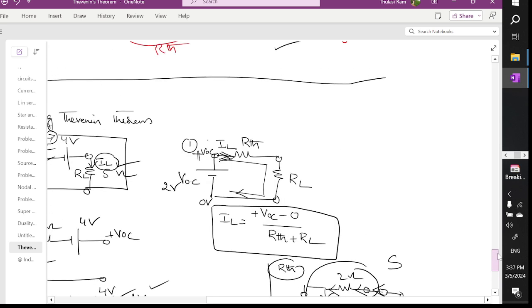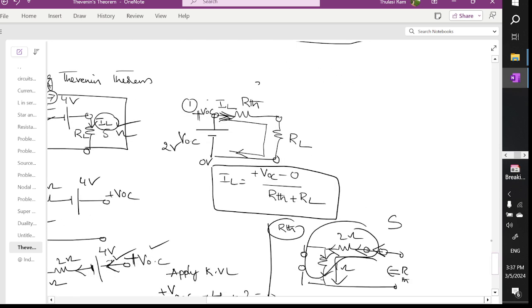As per the formula we substituted, this is 3 ohm. Open circuit voltage you got 2 minus 0, divided by Thevenin's 3. So Thevenin resistor 3 plus 5.